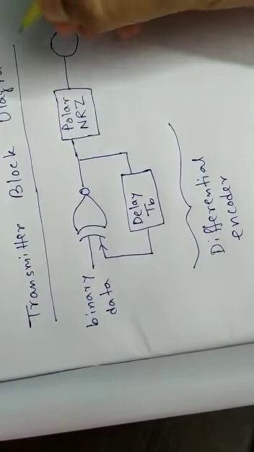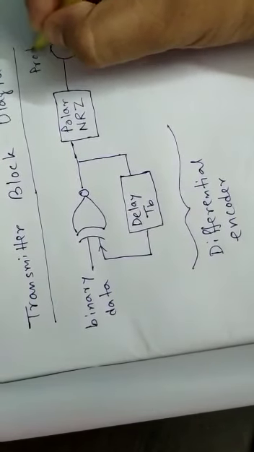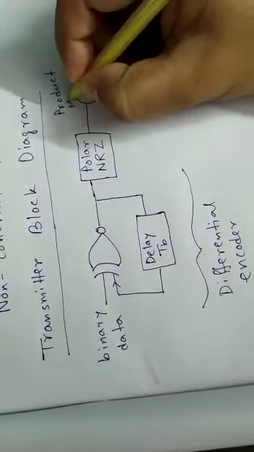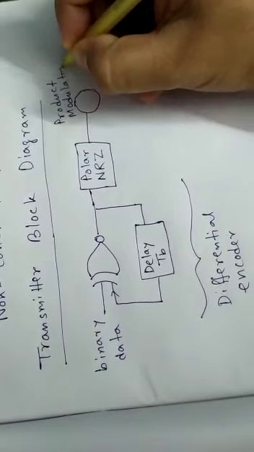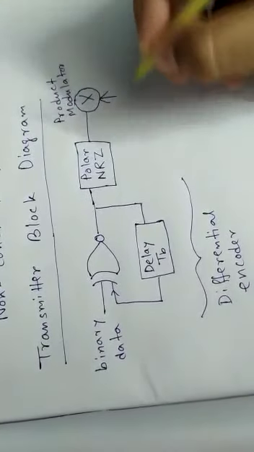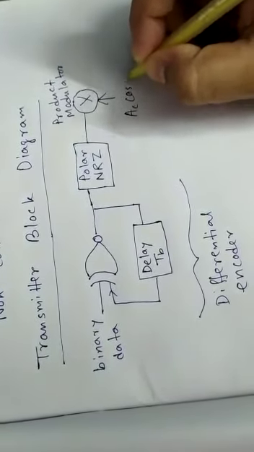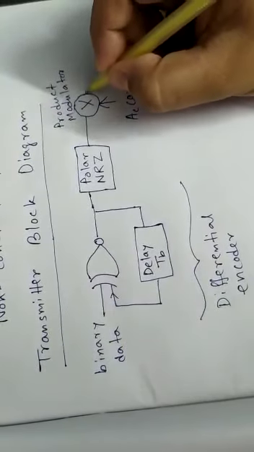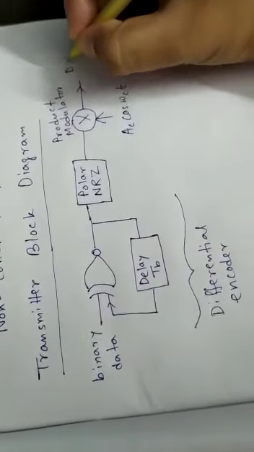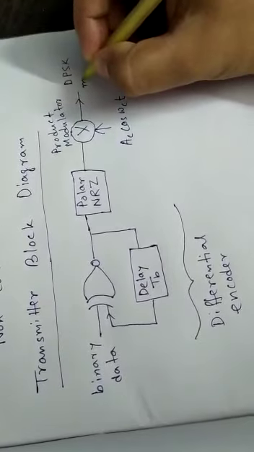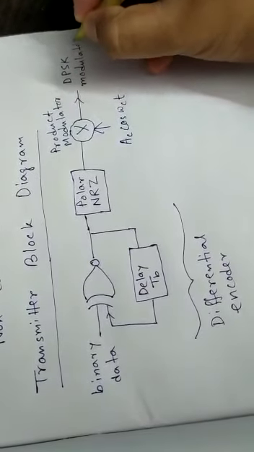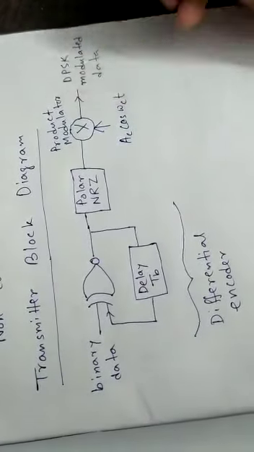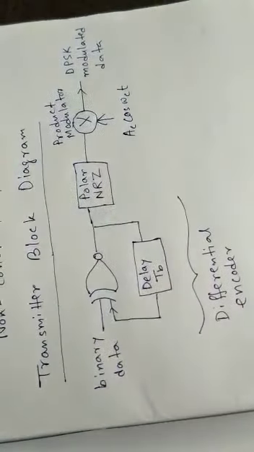Then you have a product modulator, where you give the carrier signal and you get your DPSK modulated data. So this is the transmitter block diagram.